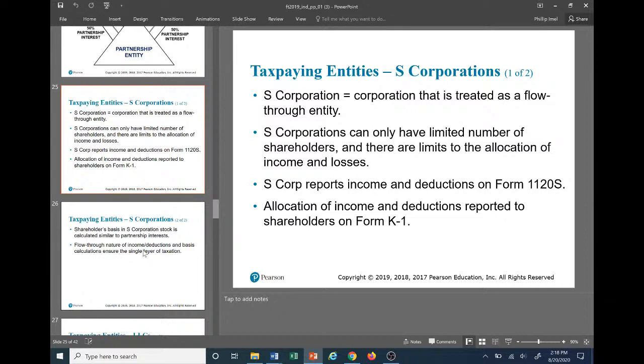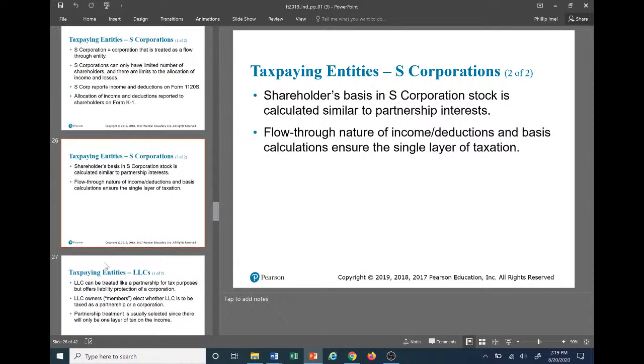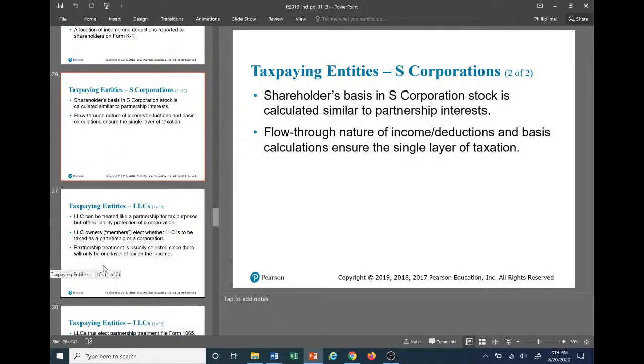So once again, flow-throughs, you can see kind of the same song and dance, different forms, but the same thing. You get your money, whatever proportion, whether you're a shareholder, a member, a partner, whatever it might be. It passes through to you, and it ties into whatever your tax liability is on your 1040. A little more on S Corps. Shareholders' basis in S Corporation stock is calculated similar to partnership interest.